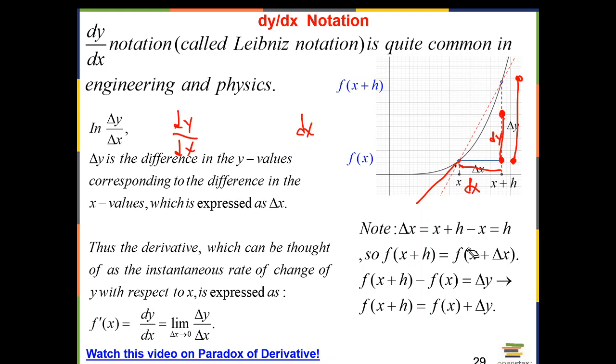So here we haven't done the limit, so we're not going to put dx, we're going to put delta x. So f of x plus h minus f of x, the difference between the two y values, is delta y. So if you isolate this, we see that f of x plus h equals f of x plus delta y, right? So that's the idea.